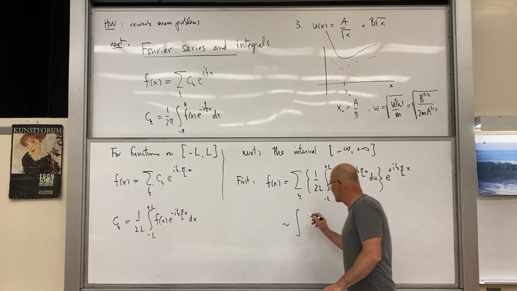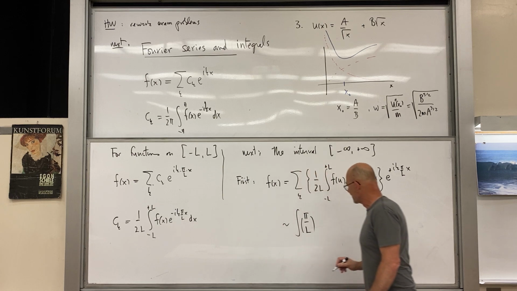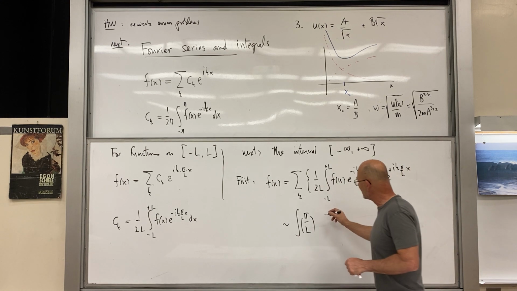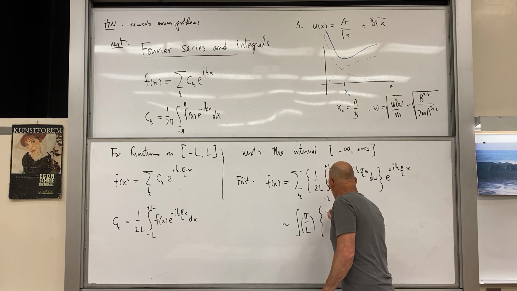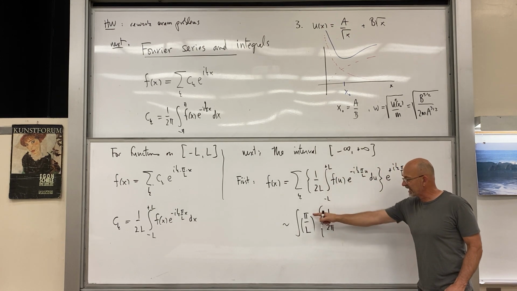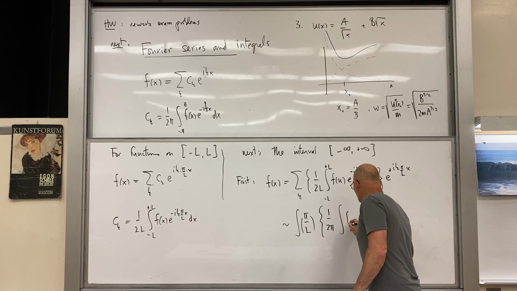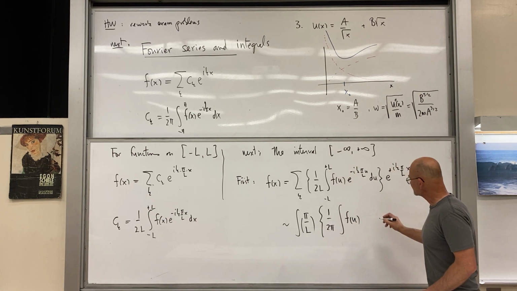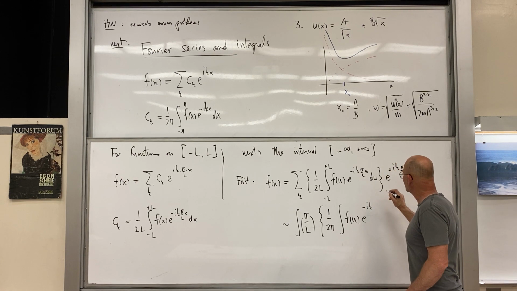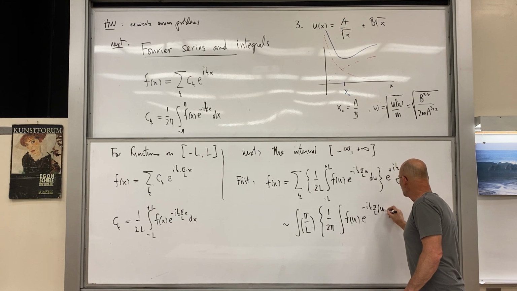What I'm going to do is pull out a pi over L. That's actually going to be my new infinitesimal when I take L to infinity. So pi over L, and that's just a constant, then I have 1 over 2 pi. Pi cancels, okay, 1 over 2 pi integral f of u e to the minus i k pi over L (u minus x).